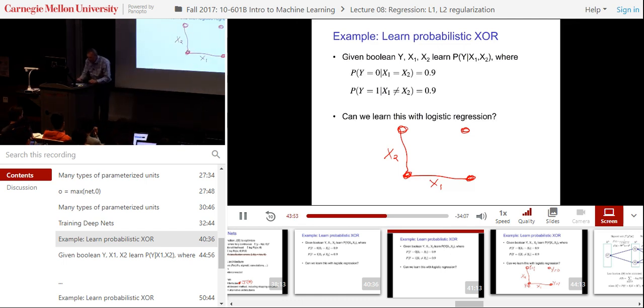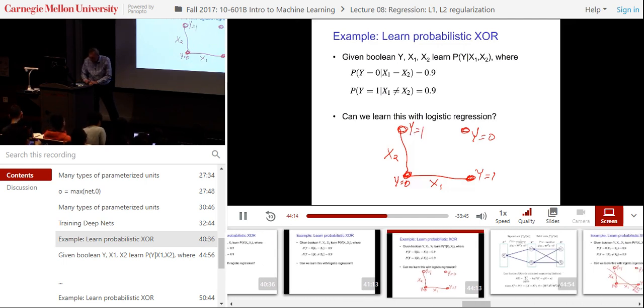If I take the non-probabilistic version of this, I'm going to say here y equals 0, y equals 0, y equals 1, y equals 1. And so the problem is there is no linear decision surface that'll get this correct.